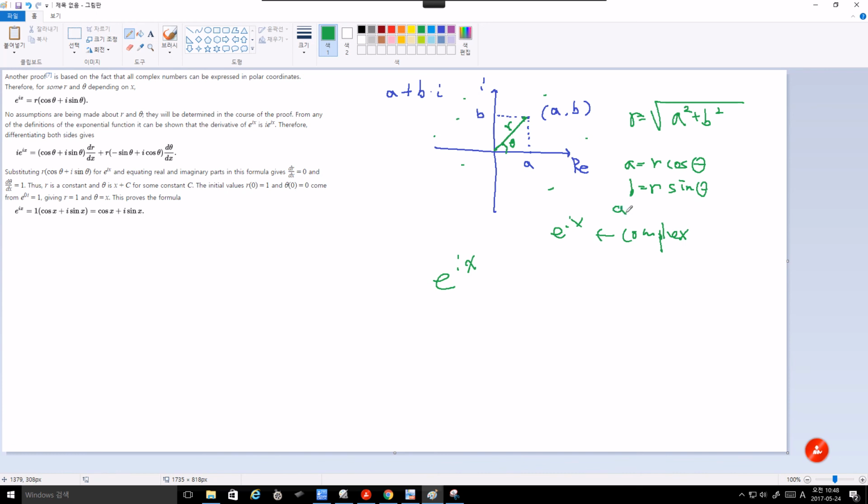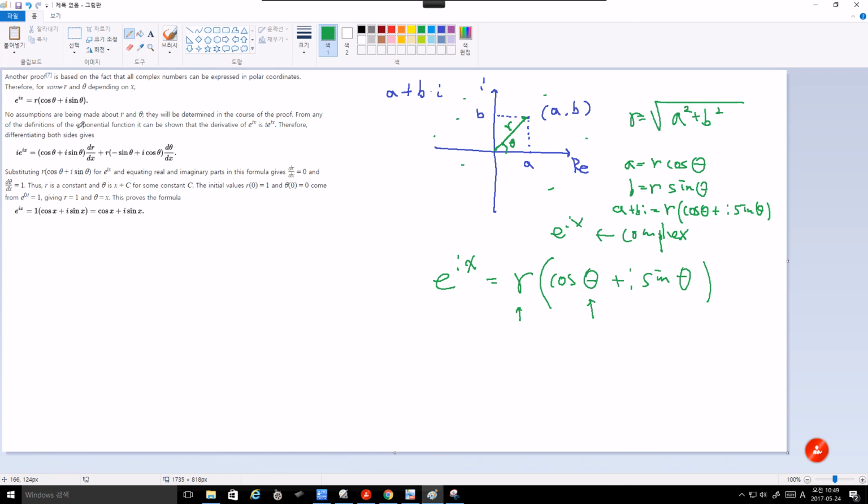Therefore a plus bi is r times (cosine theta plus i sine theta). So e^(ix), being a complex number, can be written as r(cosine theta plus i sine theta). There is some r and some theta that satisfy this. No assumptions are being made about r and theta. They will be determined in the course of the proof.